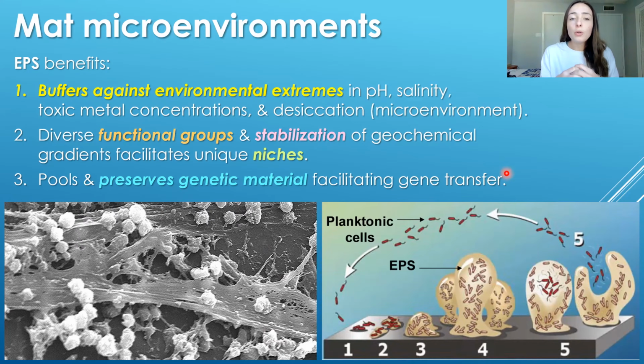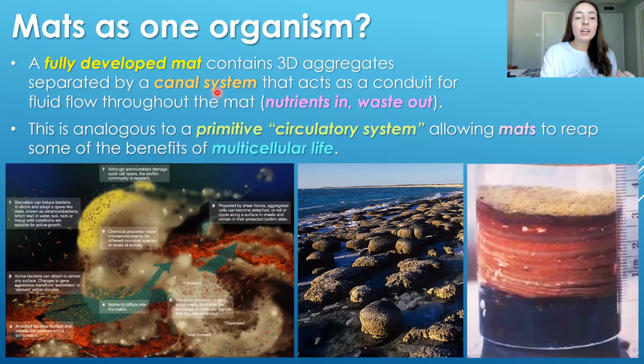They work so well with each other, they mutually benefit from one another, and not only that, but they also have a canal system acting as a conduit for fluid flow throughout the entire mat so that nutrients can be brought in and waste can be let out into the bulk solution.